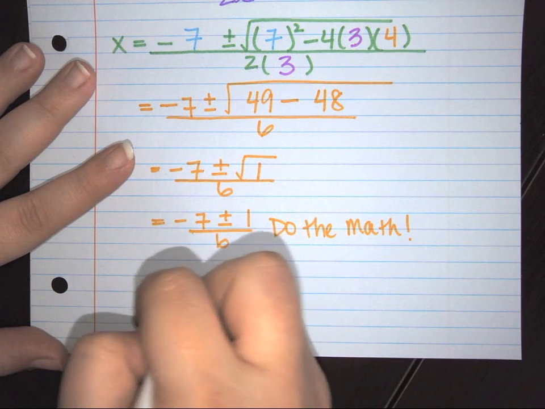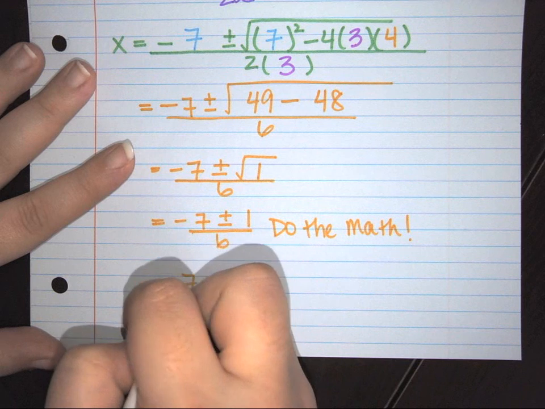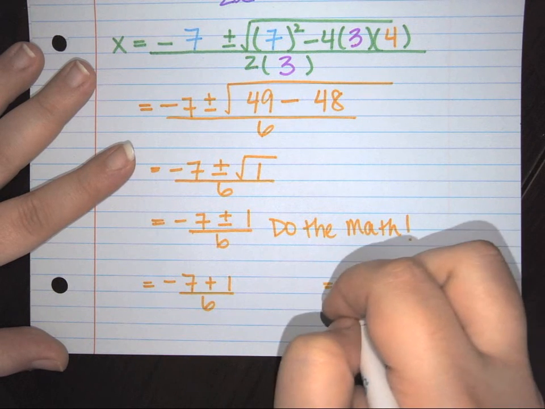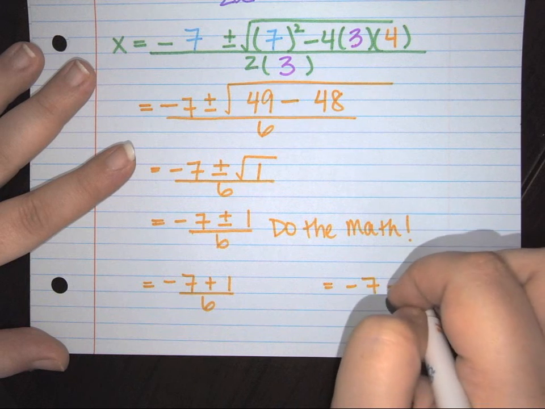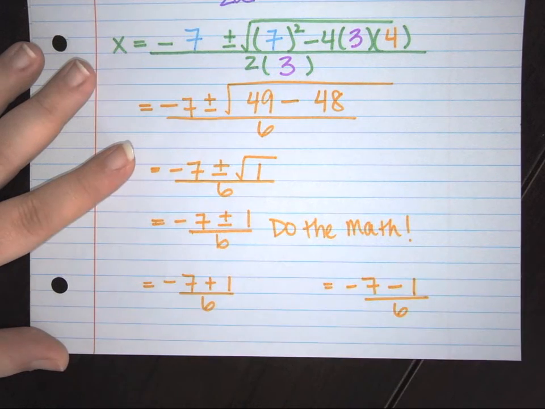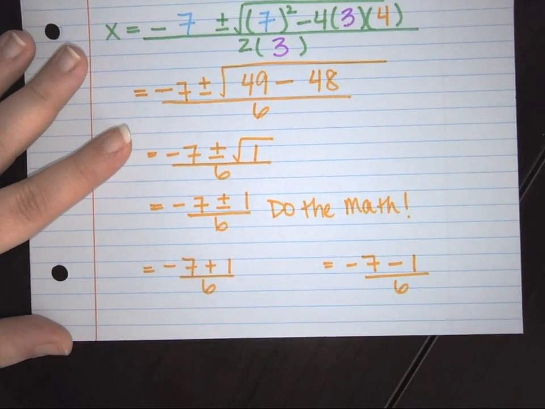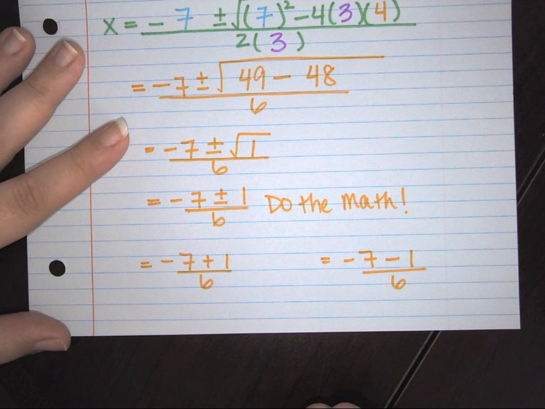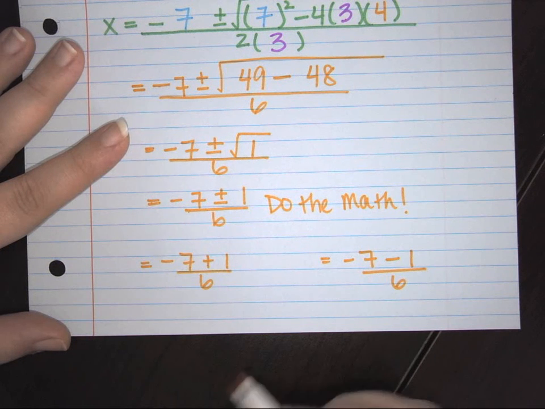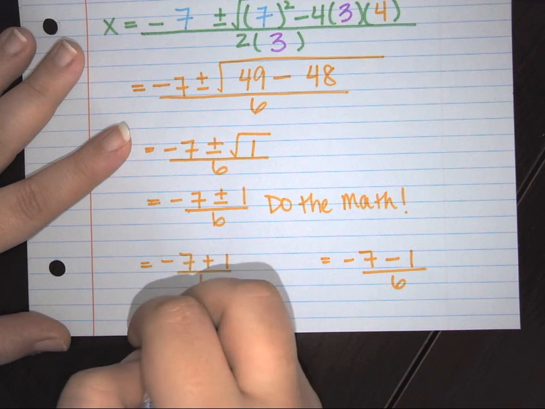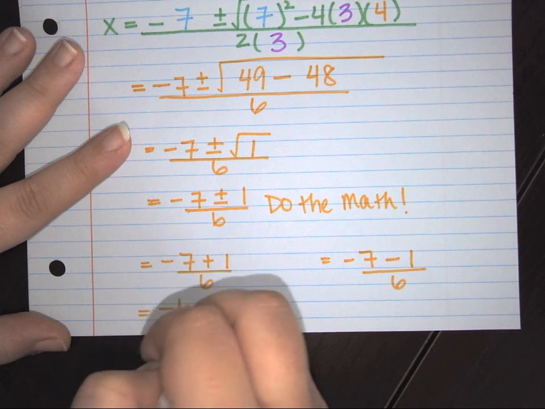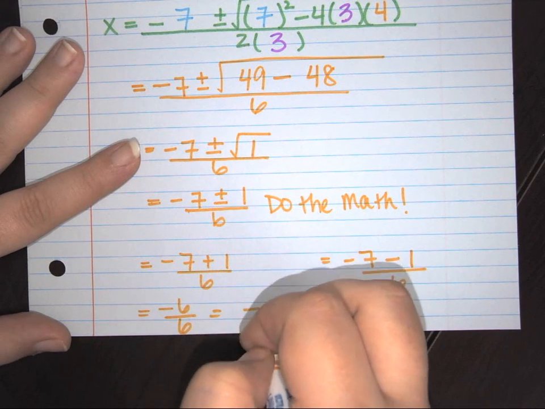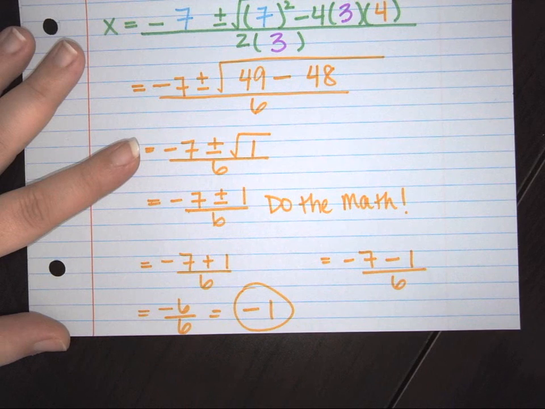I have negative 7 plus 1 all over 6, and I have negative 7 minus 1 all over 6. So negative 7 plus 1 is going to be negative 6. So this here is negative 6 all over 6. And when you reduce that, you get negative 1. So there is your first answer.